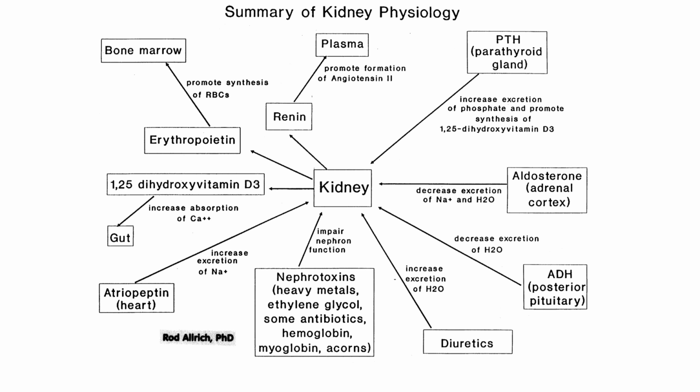And then we have hemoglobin, found in red blood cells, and myoglobin, found in muscle cells. Both of those are toxic for the kidney. And then I didn't make a big list here, but acorns, very deadly for the kidney, especially in animals that usually don't eat acorns.